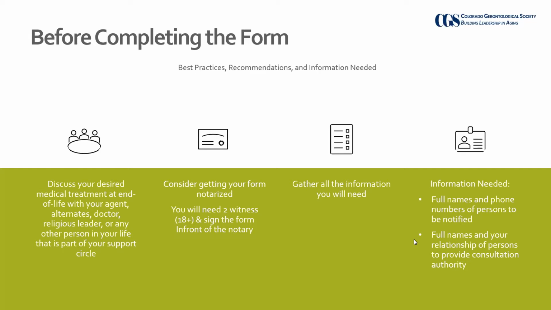You will also need to indicate relationships of that person if you're giving authorization to consult the medical doctors to consult with those individuals. And once again, those individuals do not have decision-making abilities. They only are there to support you and be able to speak to the medical personnel, but they will not be able to make any medical decisions for you.